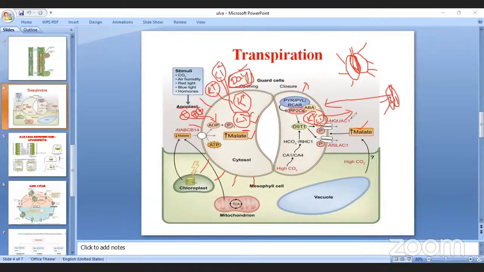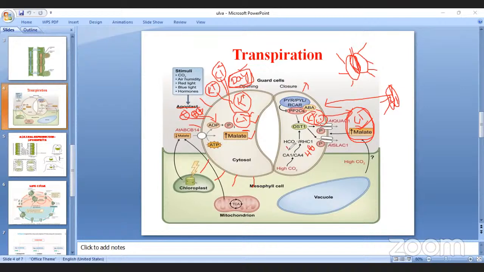So here in the subsidiary cell, what happened? This is the subsidiary cell, malate out, Cl minus out. So in subsidiary cells, negative. But in the guard cell, positive.